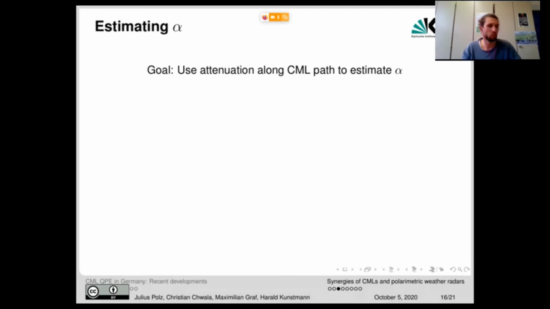And we learned that CMLs operate at much higher frequencies than radars usually. So the one radar that we are using has a C-band frequency of 5.6 gigahertz, 5.66 to be precise. And the CML frequency is 10 to 40 gigahertz.